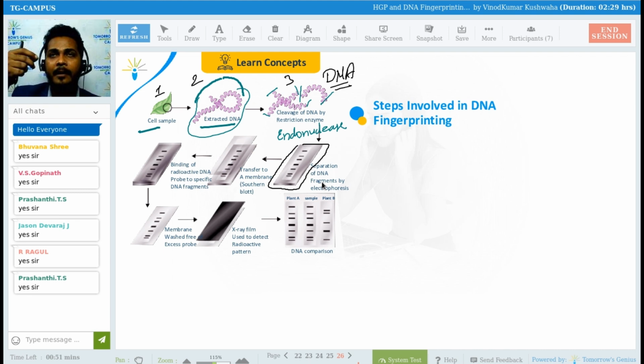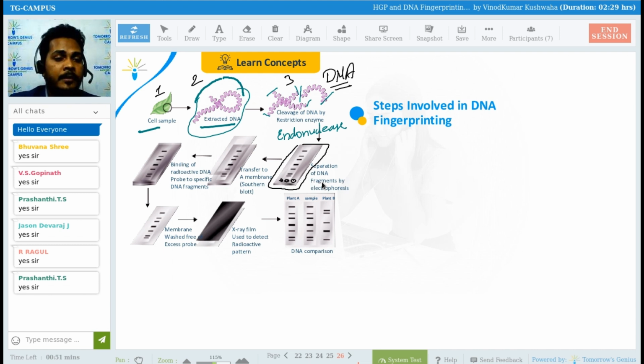Because you cannot handle it with forceps, it is in liquid form. So with the help of a micropipette, you have to load this DNA onto this gel electrophoresis sheet, into the well over here.